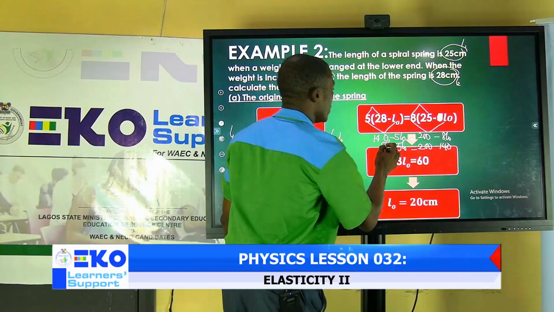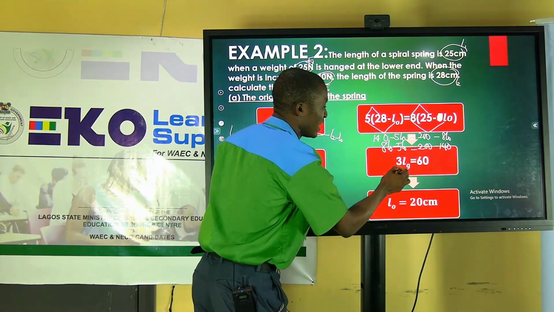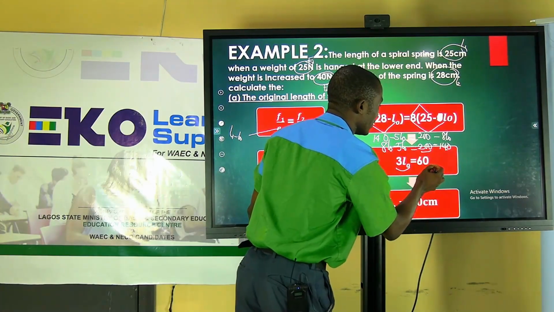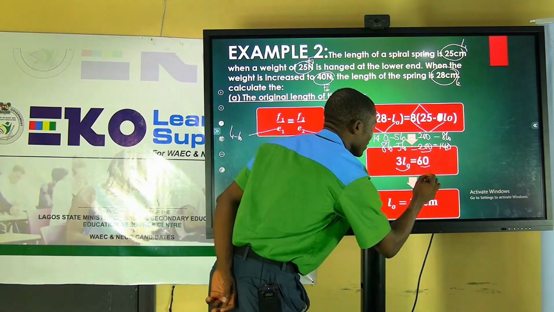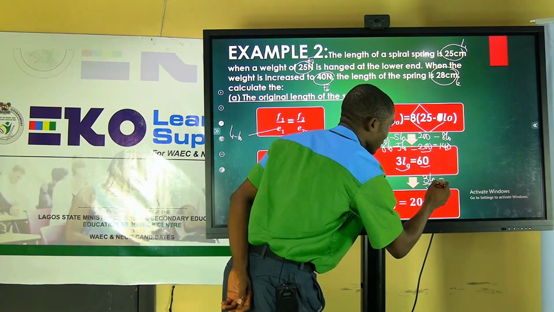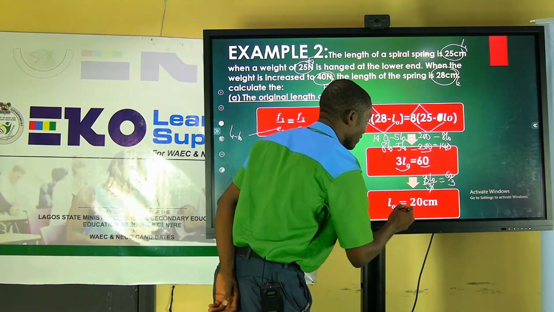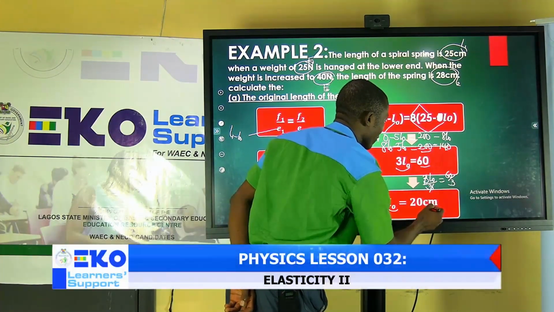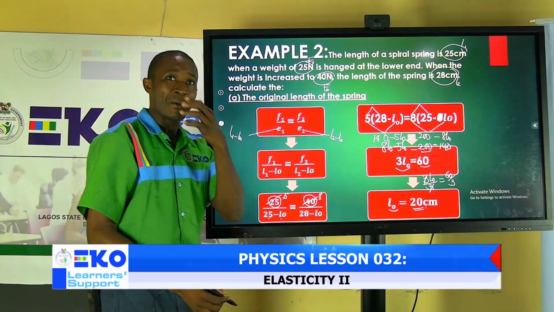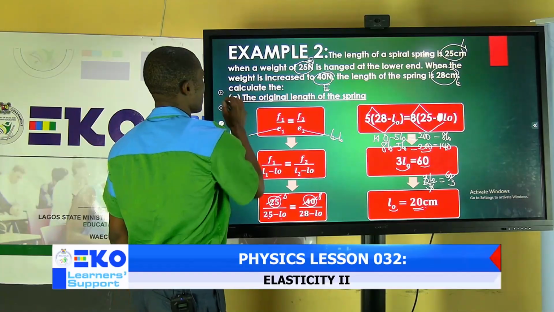So 8 L0 minus 5 L0 gives us 3 L0, and 200 minus 140 gives us 60. So 3 L0 divided by 3 equals 60 divided by 3. The 3 cancels 3, leaving L0, and 60 over 3 gives us 20. So the original length now is 20 centimeters. That is how to solve this.